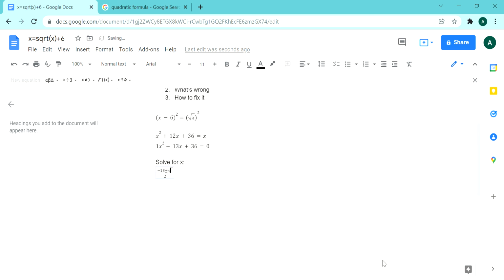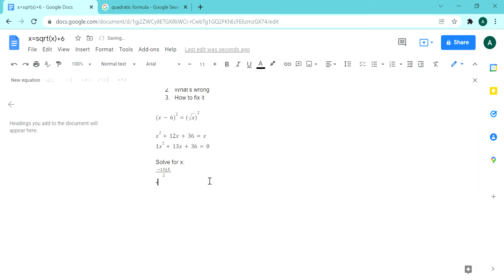is equal to 100. No. So it's 169 minus 144, 25, which is the square root, 5 over 2.